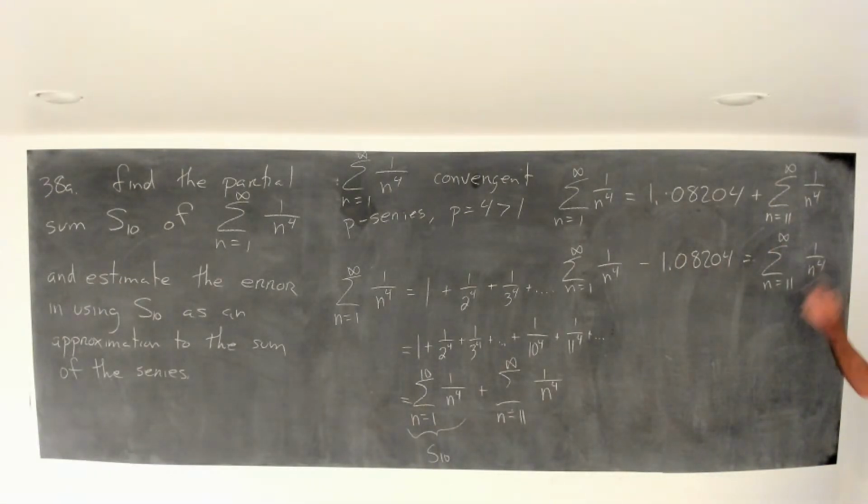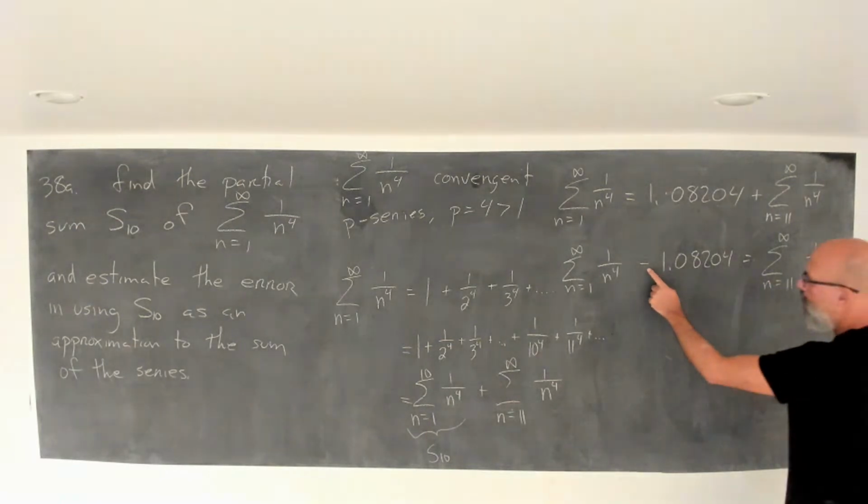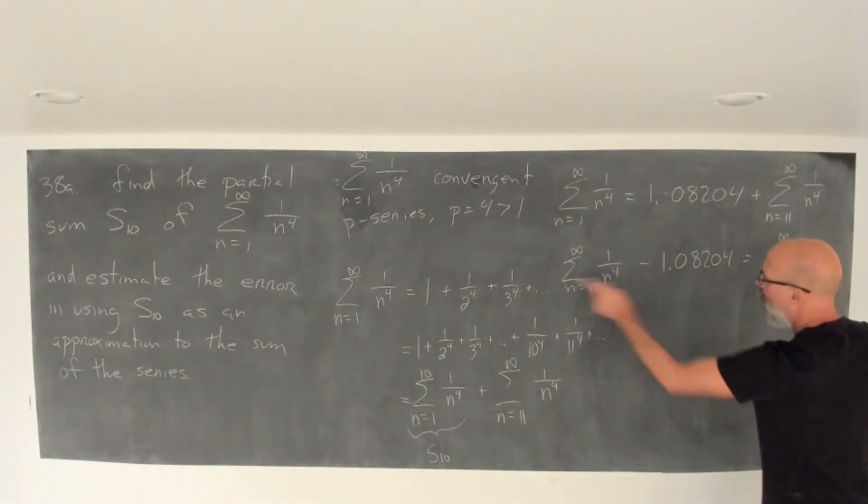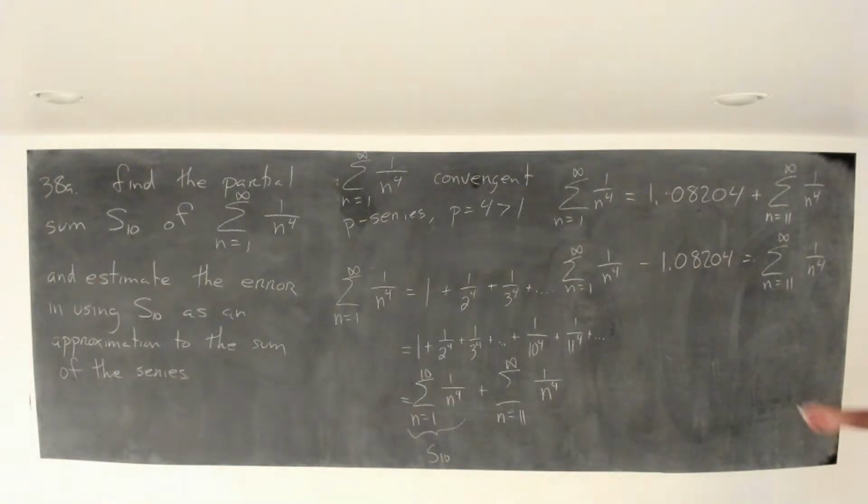So this is the error. It's the difference between what the series converges to and your approximation. This is your error.